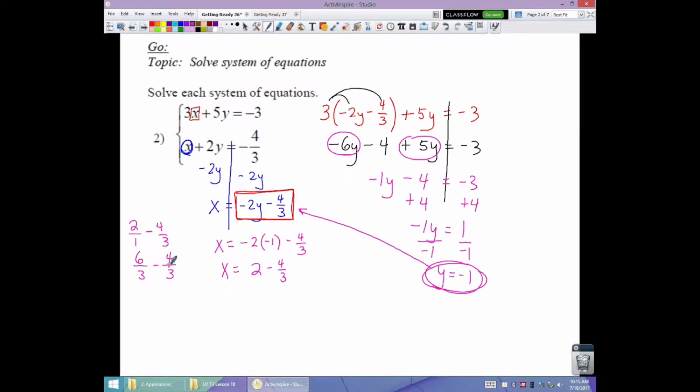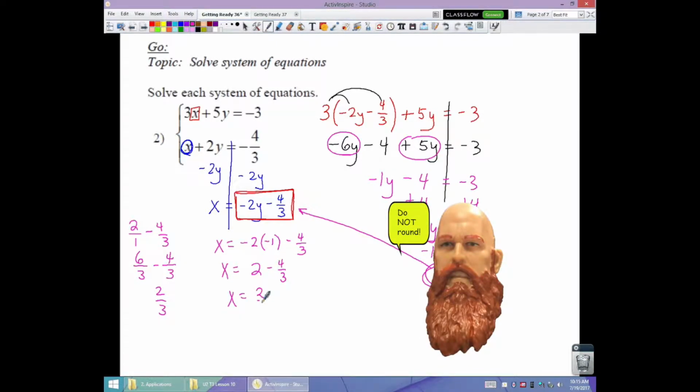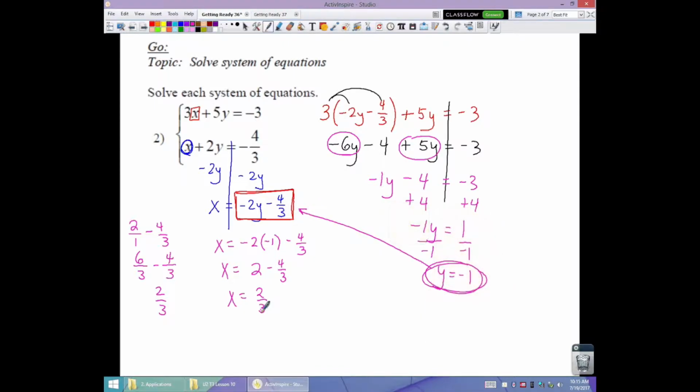And this one, I don't need to change at all. So 6/3 minus 4/3 is 2/3. So x is equal to 2/3. Again, do not round. We don't want 0.6 or 0.7. It's 2/3. So my solution here is the point 2/3, negative 1.